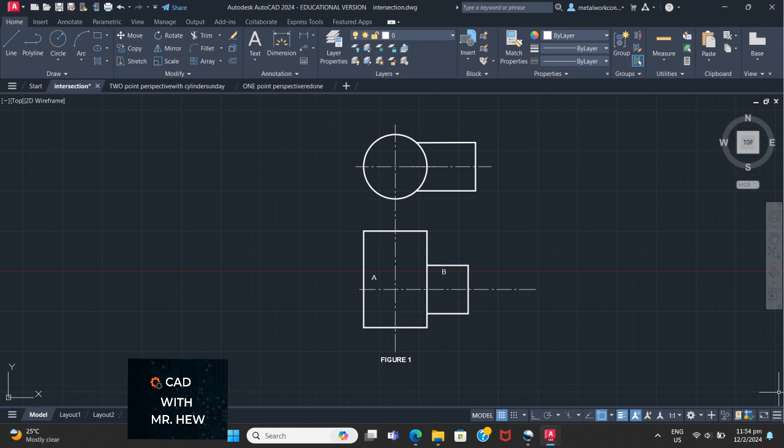All right, so here we have the points in the front and the plan. So the plan is above and the front elevation is below. What we're going to do now, where these points intersect the cylinder in the plan coming across from pipe B, we're going to project them down.